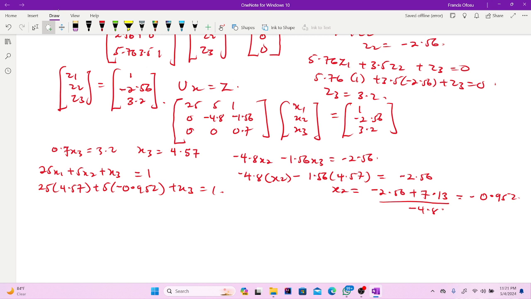So I simply have 25 times 4.57, minus 5 open brackets 0.952. So I'm getting 109.